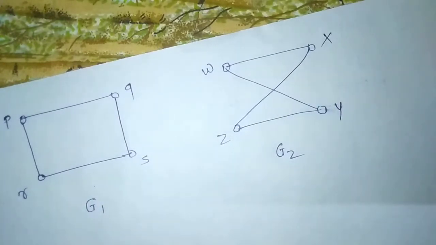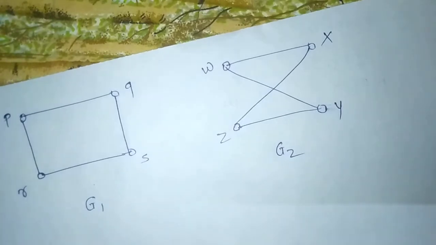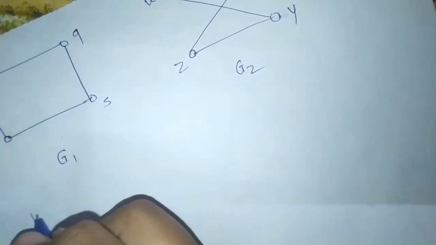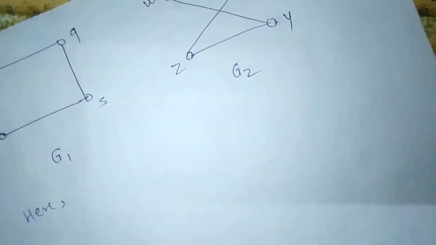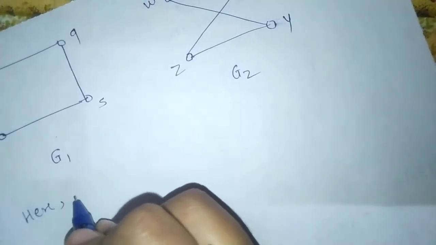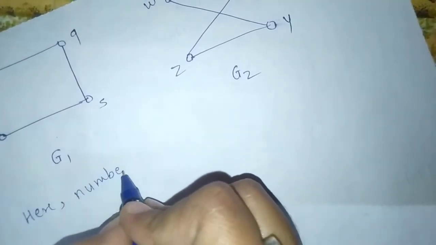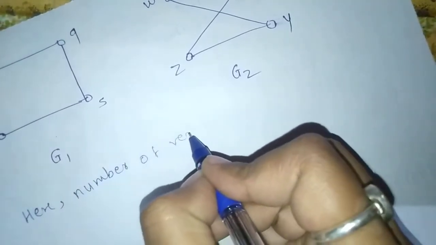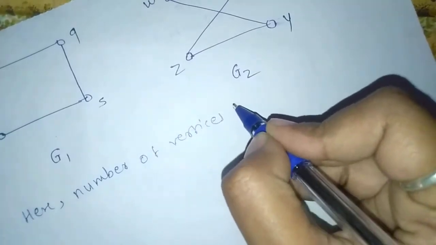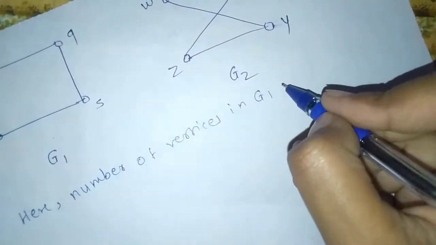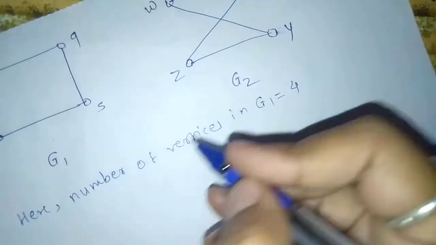Also, for our simplicity, we use another method to show that these two graphs are isomorphic. Here, this is the common thing. Number of vertices in G1 is equal to 4.